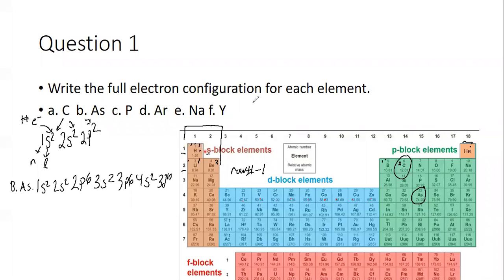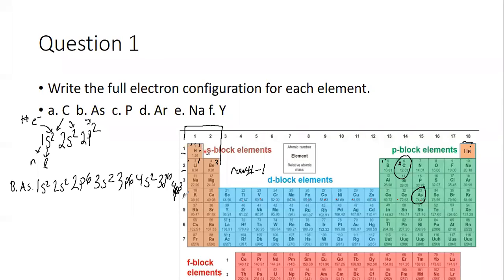And then finally, we're going to get to As. Once we're back in the p block, we go back to normal numbering. So 4p1, 4p2, 4p3. We're at As, and we're done. So 4p3, not s, 4p3.